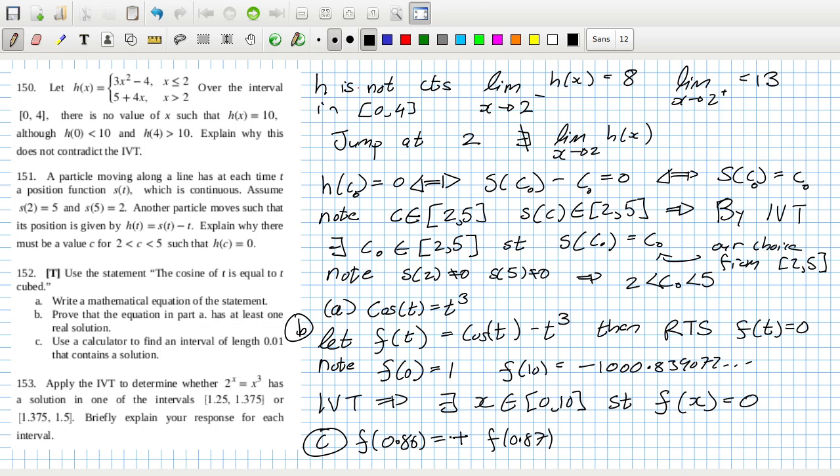And then we confirm, then 0.87, that's a negative number. So therefore, there's some root between 0.86 and 0.87.